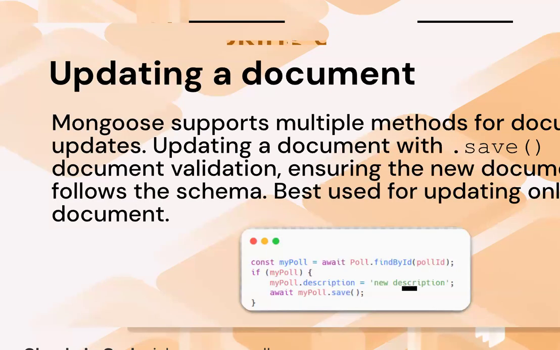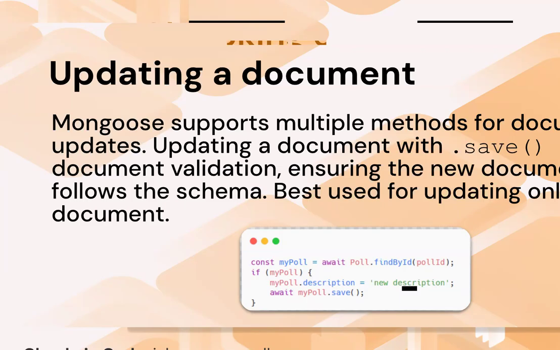Okay, so now we're gonna take a little break from activities, and we're gonna be teaching you guys about updating a document. So Mongoose, which is the library that allows you to have strict rules in each document, supports multiple methods for document updates. So for example, updating a document with .save triggers document validation.